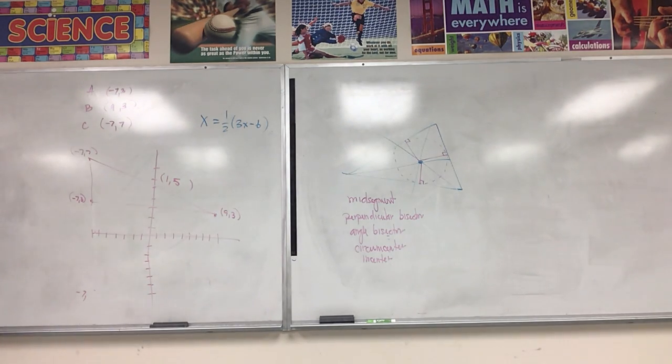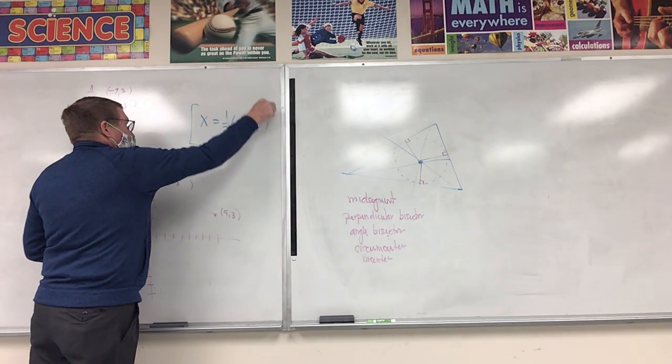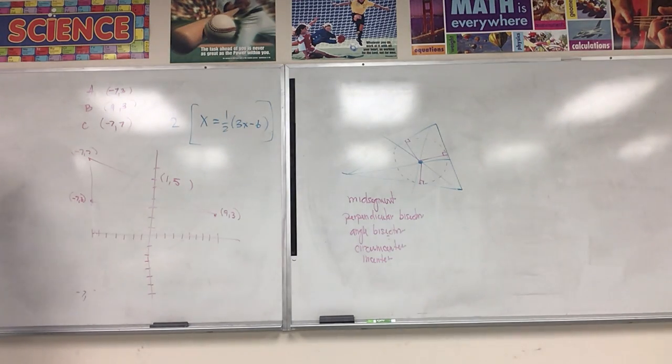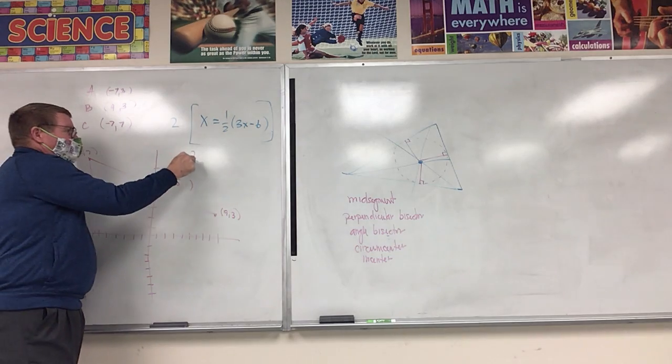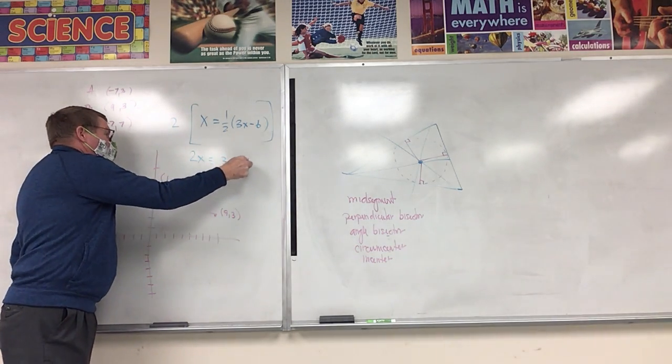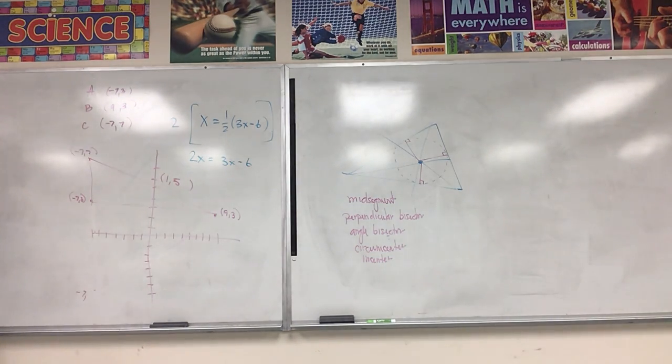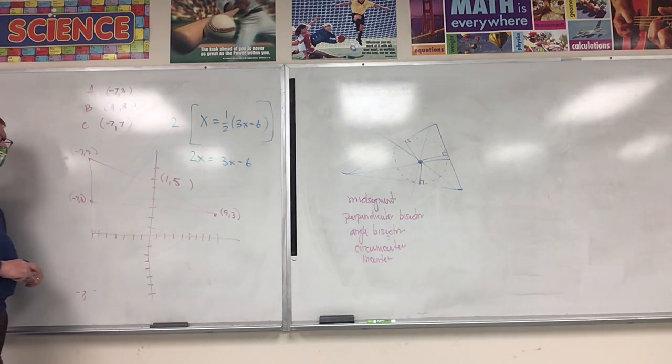How do I get rid of the 1/2? Distribute it. How else can I get rid of it? What can I multiply by to get rid of it? The 2. Now how can I solve that? Get my x's together, so which one do you want to move?